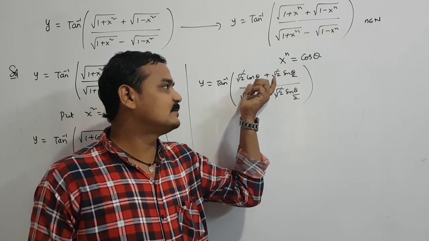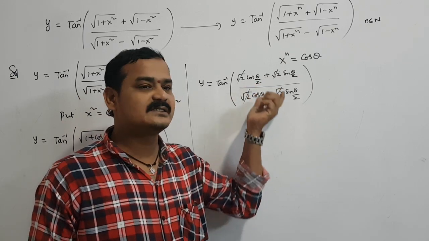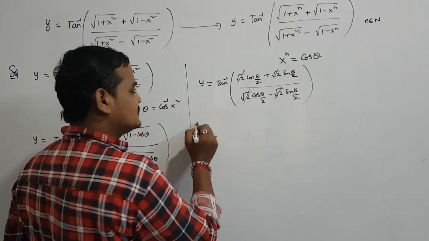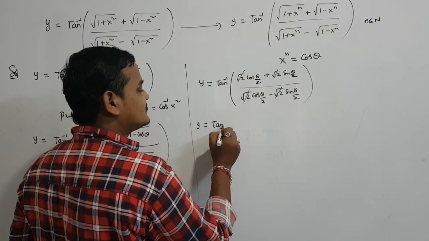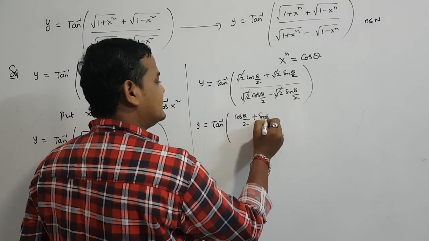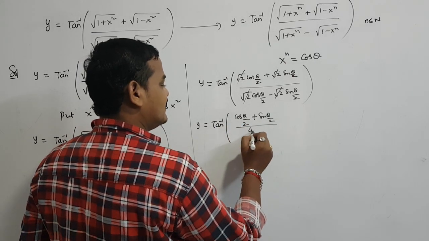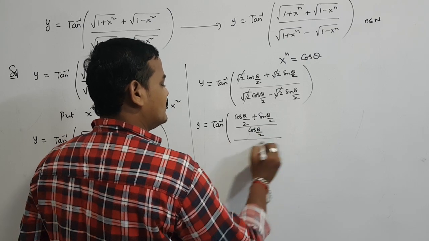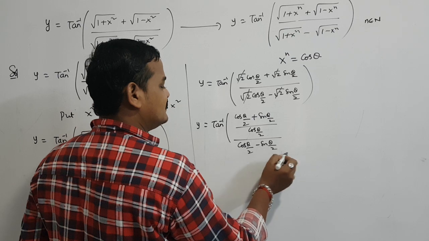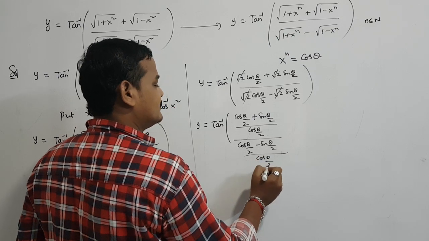If the numerator and denominator are a combination of sin and cos, then you need to divide by cos. So y is equal to tan inverse of cos theta by 2 plus sin theta by 2 by cos theta by 2, whole by cos theta by 2 minus sin theta by 2 by cos theta by 2.